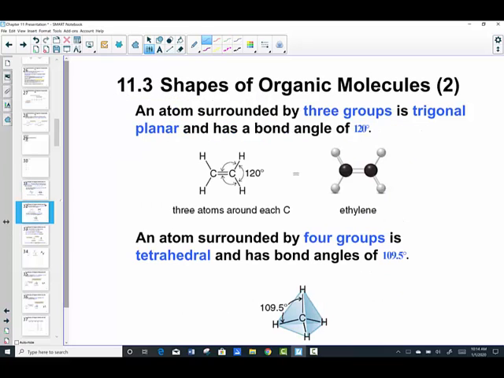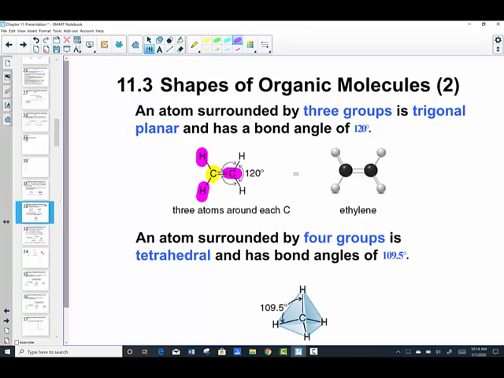In a second molecular shape, we look at an atom that is surrounded by three groups. For example, if I change over to a highlighter here quickly, notice I have a carbon that is surrounded by three groups. What I mean by group is we have a double bond leading to another carbon, a single bond leading to hydrogen, and a single bond leading to another hydrogen.